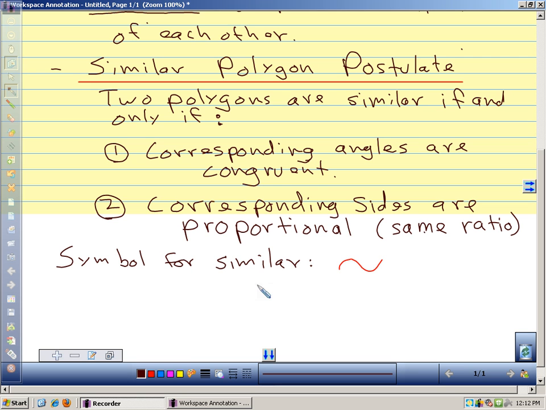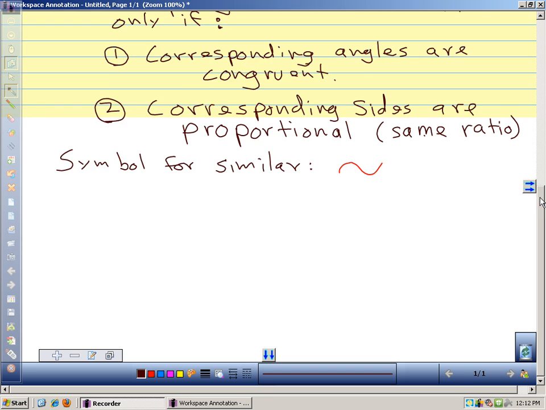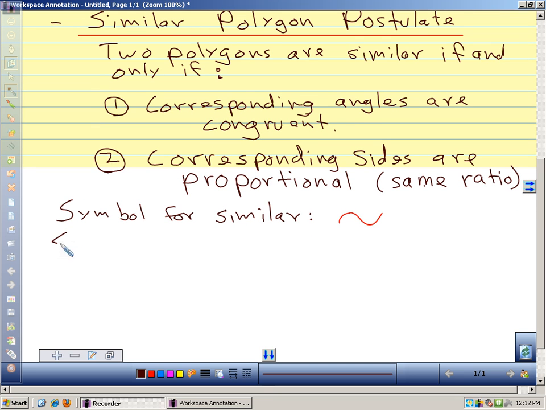And the other thing that we need to talk about before we do our examples is a similarity statement. A similarity statement is just like a congruent statement that we worked with when we talked about congruence.